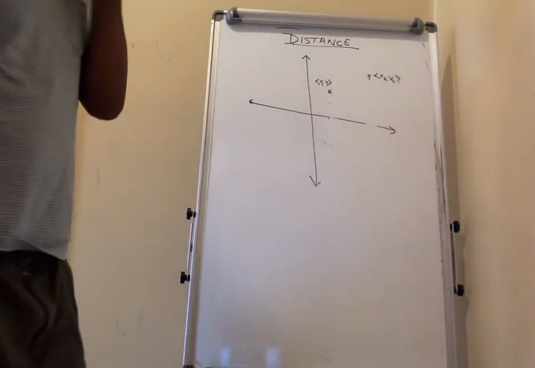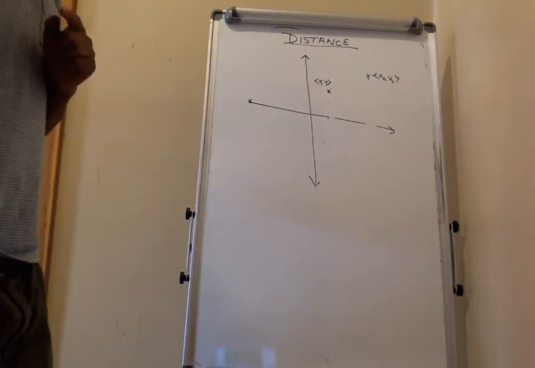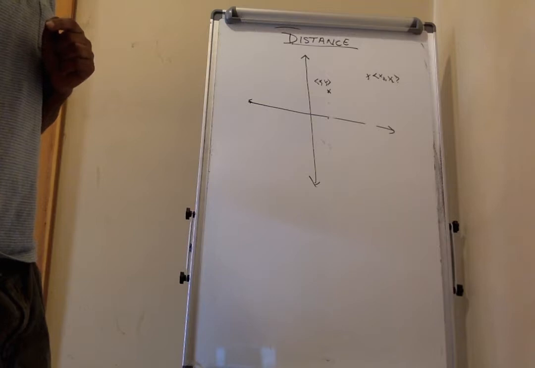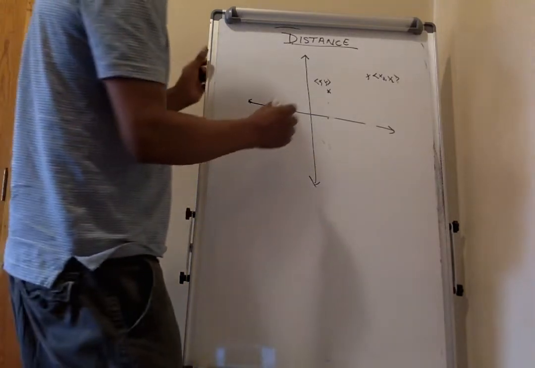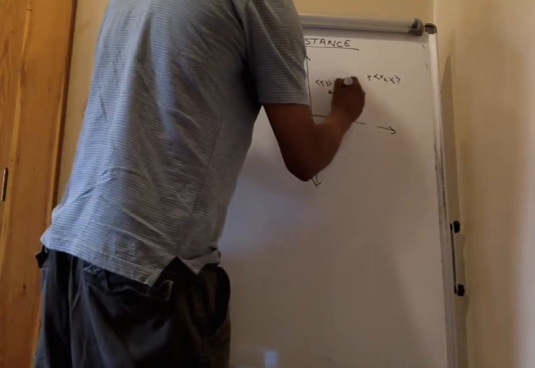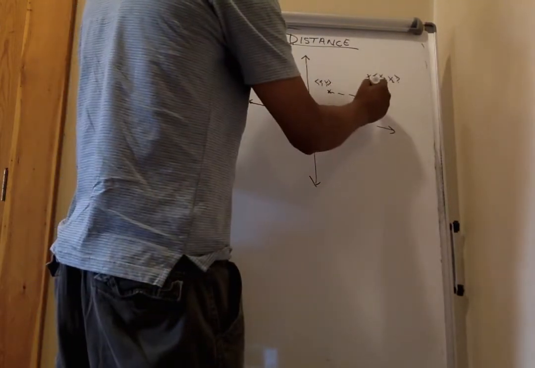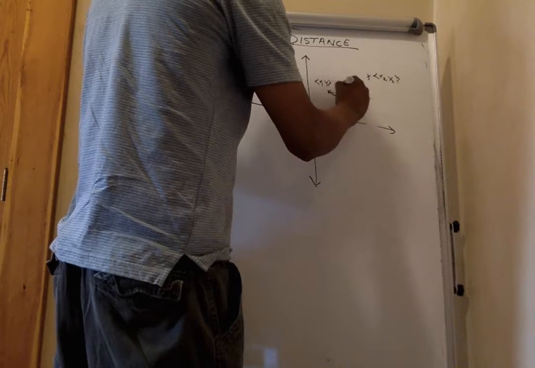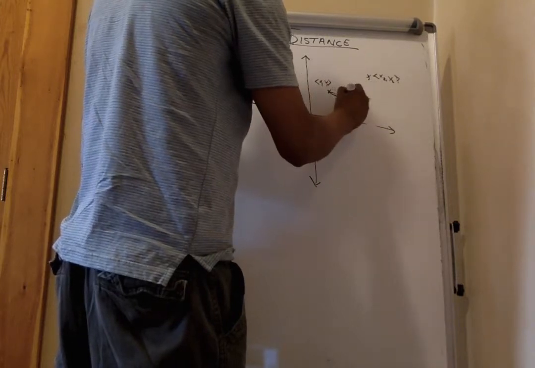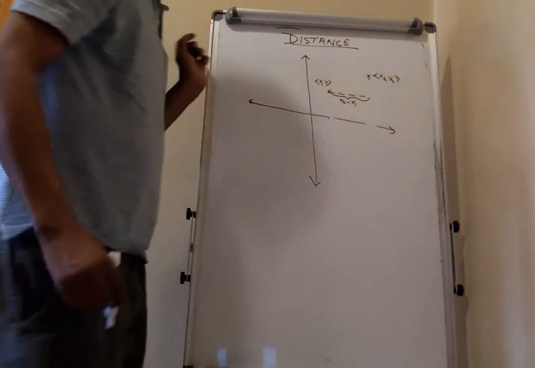Okay. Now, let's try to find the distance between x1, y1, and x2, y2. Let's do the horizontal distance. So if I go horizontally up to this point, I know the distance is x2 minus x1.